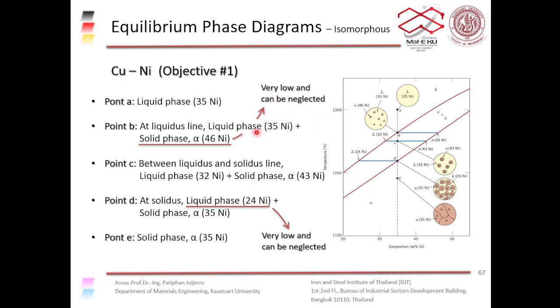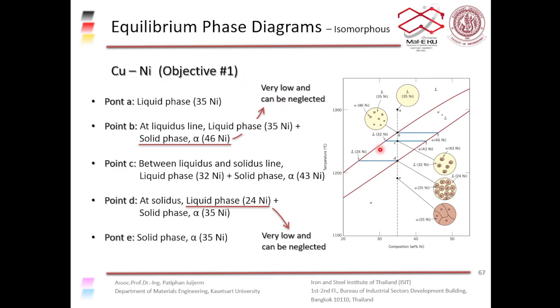Some of you might be wondering, how come we have 46% nickel in the alpha phase when we start off from 35%? But bear in mind that the alpha phase is just starting to form. There's so little alpha phase, so there's so little nickel in the alpha phase. So it can be neglected for now.